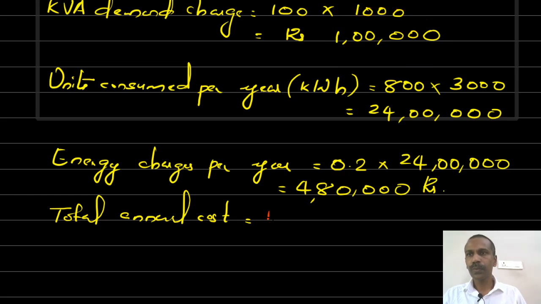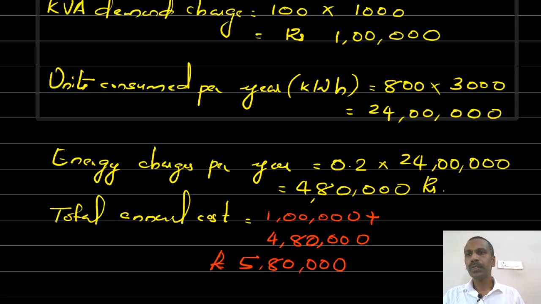So this is equal to 1 lakh plus 4 lakh 80,000, which is 5 lakh 80,000. So this is the spending before power factor correction.